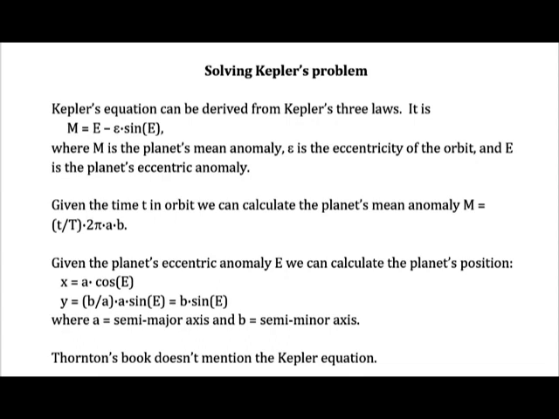The time into orbit can be calculated from the mean anomaly, and the planet's position can be calculated from the eccentric anomaly. So all that is needed to compute position as a function of time is to invert Kepler's equation to get E as a function of M. However, Kepler's equation is transcendental, and hence inverting it is not easy.